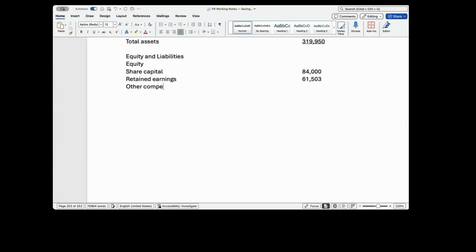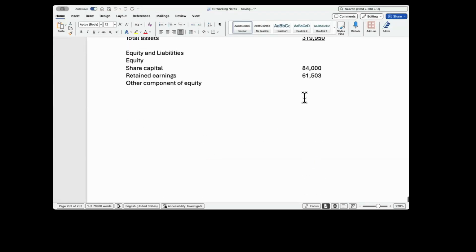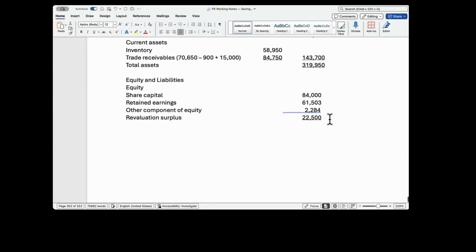Then other component of equity, that's 2,284. What was my total here? We got 170,287.